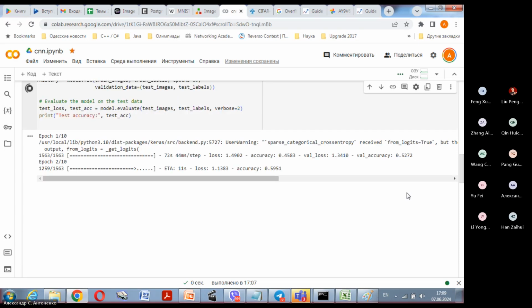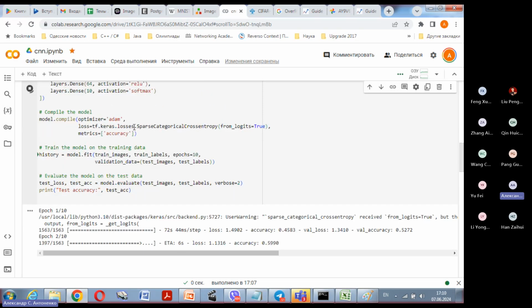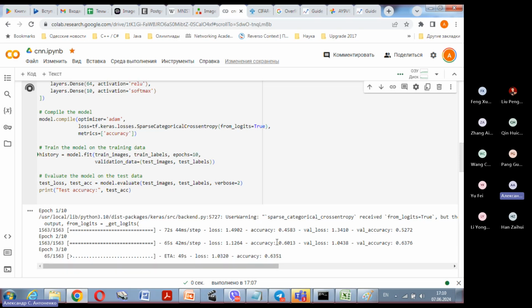We train on our train images and train labels, constantly checking our loss function. So we minimize it, it's constantly less and less, and when we minimize loss, accuracy goes higher.